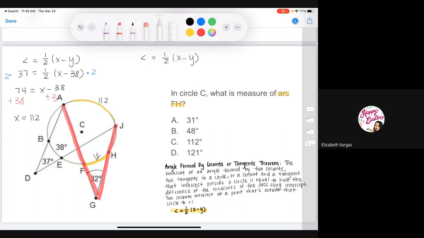Here, my angle is equal to 32 equals 1/2. What is x? Oh, well, I just found x. It's 112. And what am I looking for? I'm looking for my y, the measure of my arc FH.